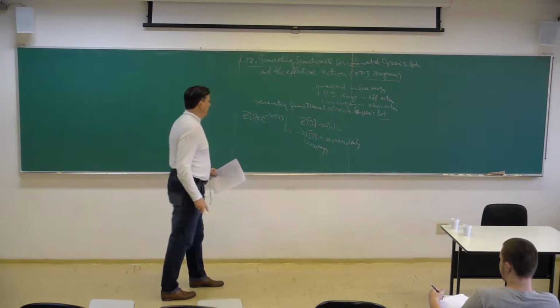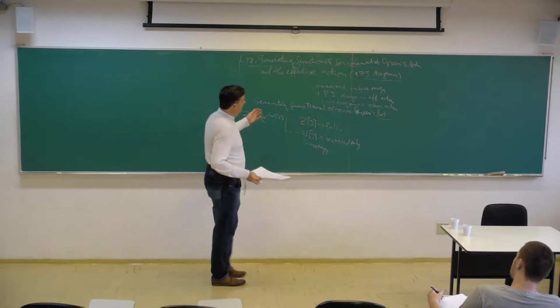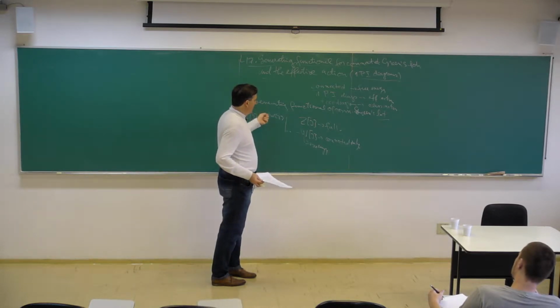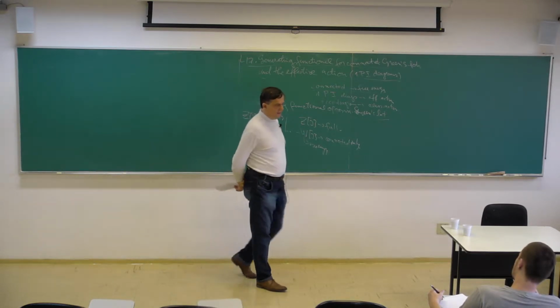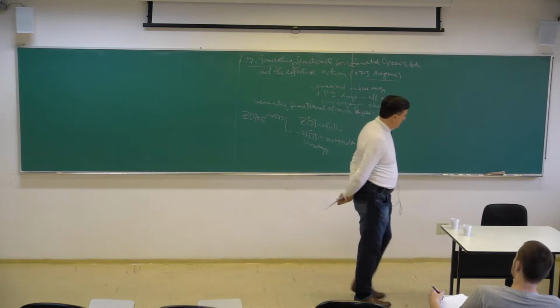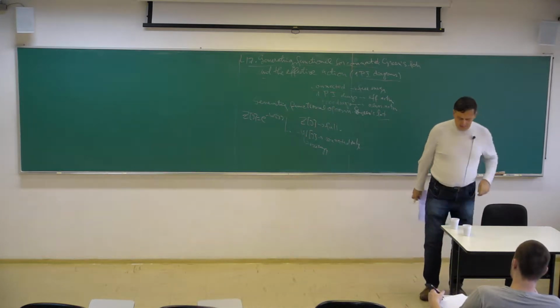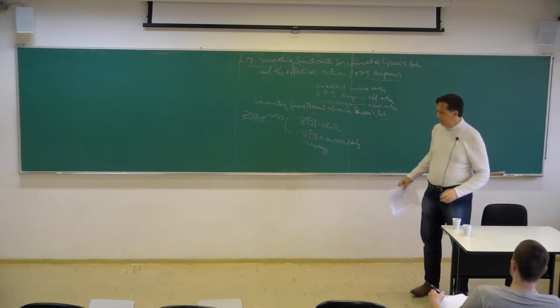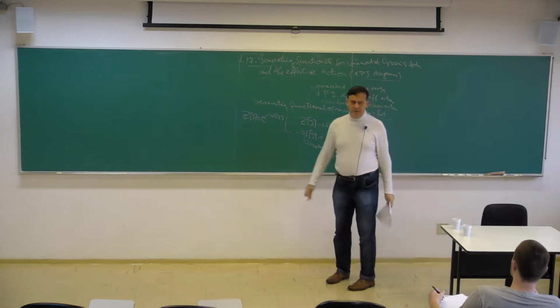All right, first of all, until now, we have talked about Green's functions as things that were independent of J, so we calculated them at J equal to 0.